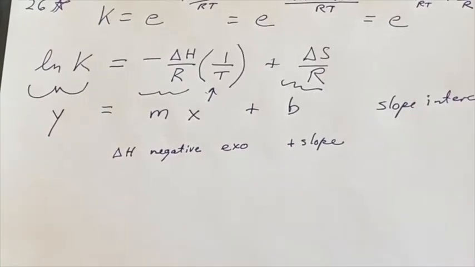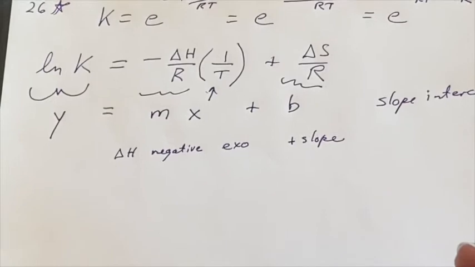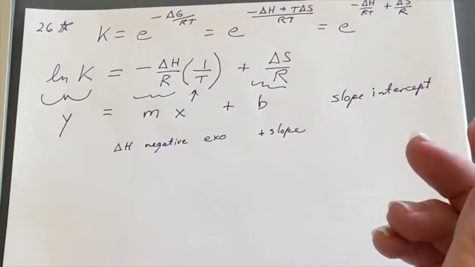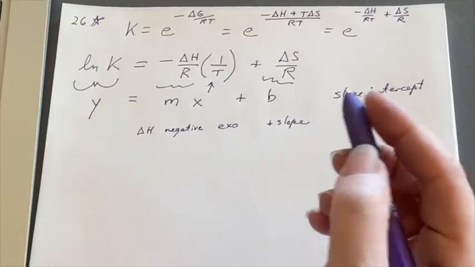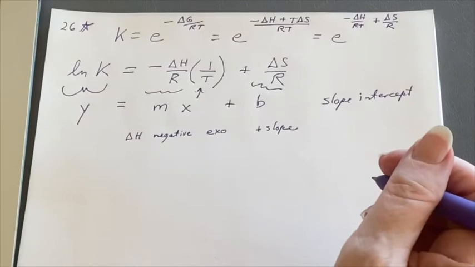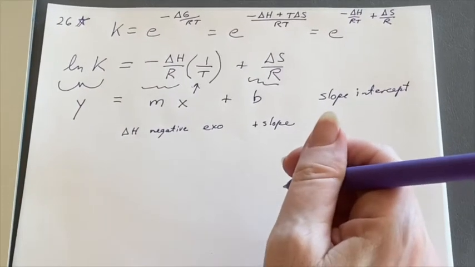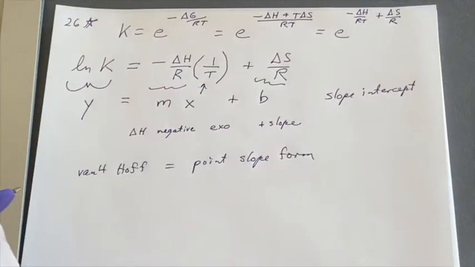You know, there are different forms of lines. You can write a line in the general form, right? Which is not really very useful unless you're programming computers, but you can do it. You can also use the point-slope form, and that is what you find is the Van't Hoff equation, but it would also show you a line.